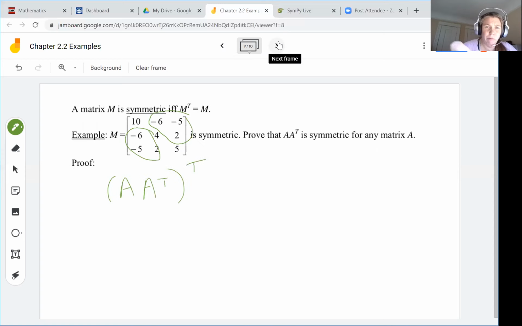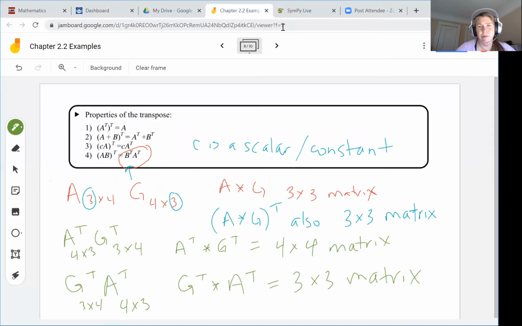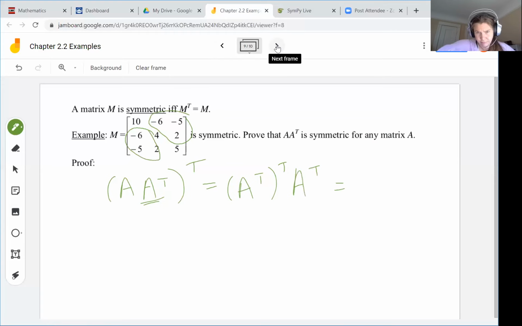So this is going to be A transpose transpose, because that was my second matrix here in the multiplication, multiplied by A transpose. So that is going to be by our first matrix property, A transpose transpose just gives us back out A. And then the second matrix is A transpose.